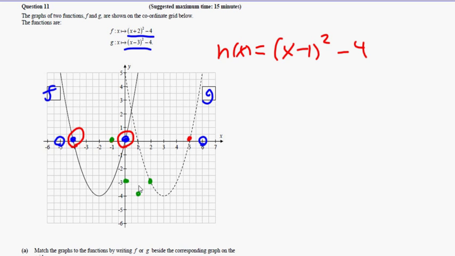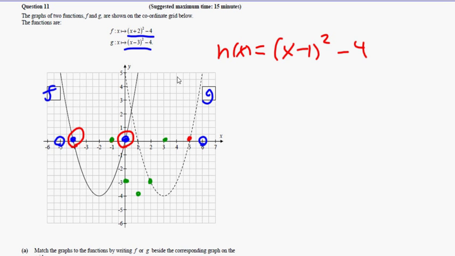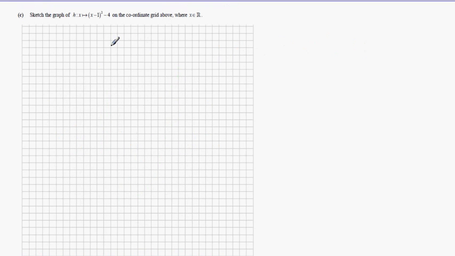Then we're going to get 3, 0, then 4, 5, which is up here, and then the other one's going to be minus 2, 5. And then we have our green diagram drawn as shown. There is h of x in the middle. Okay, so that's that one done.